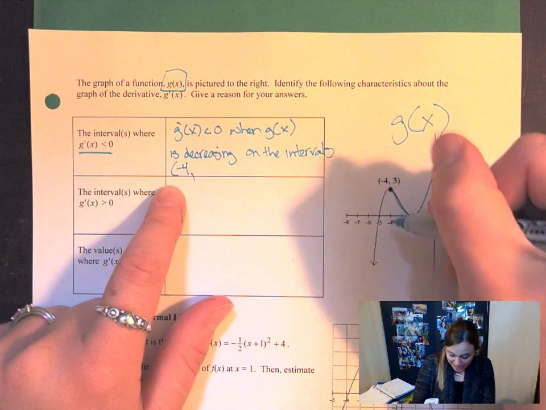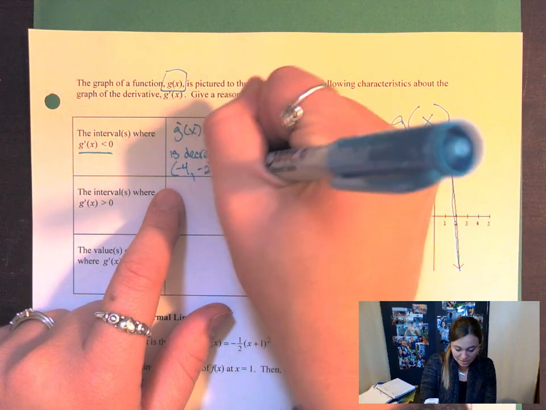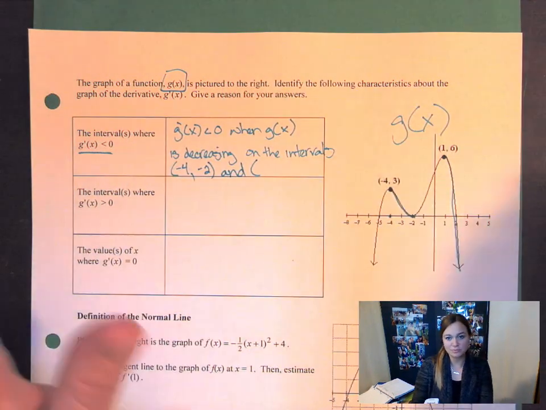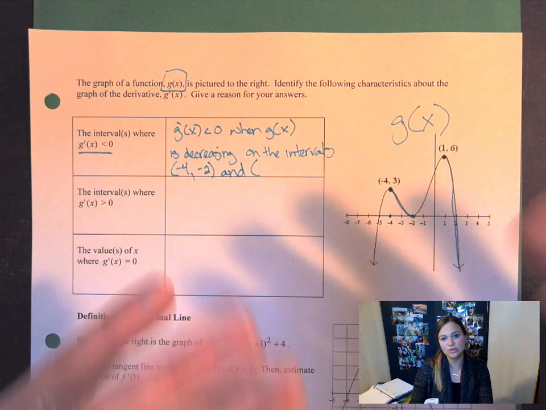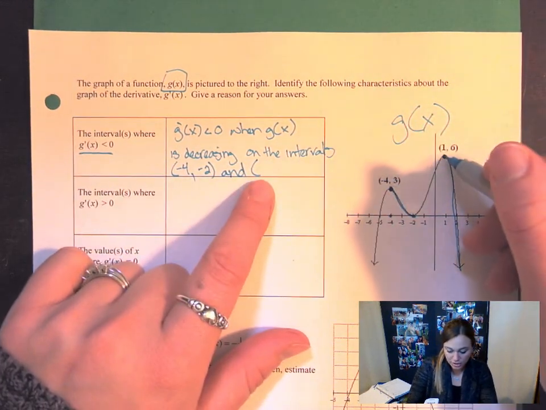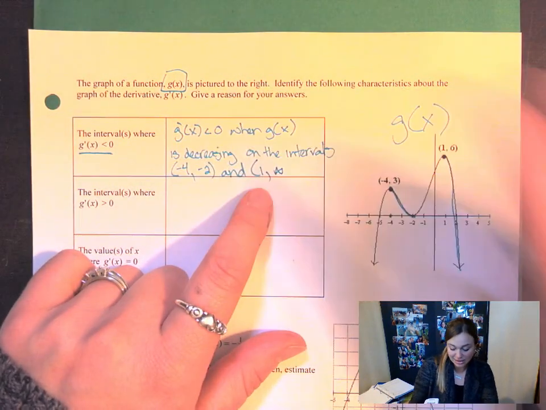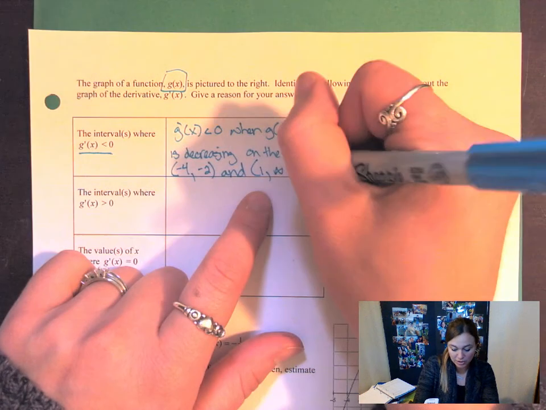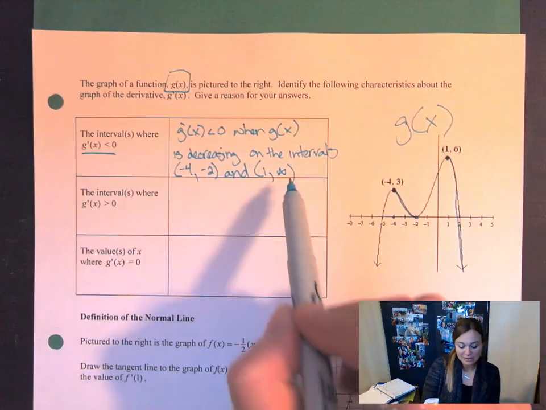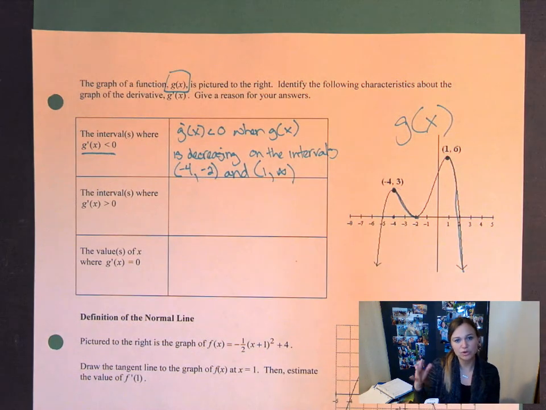So I can say this from -4, because it's an x value, to -2. And don't write union, because that means some other things, and it has to be constantly decreasing on that interval. And yeah, just write and save yourself a world of trouble. This would be 1, because this is my x value, to infinity. Because if I keep going to the right, my x value is going to keep going higher and higher. Fun fact, never put a bracket on an infinity anyway, because infinity is not a number. So it could never be included because there's always something beyond it.